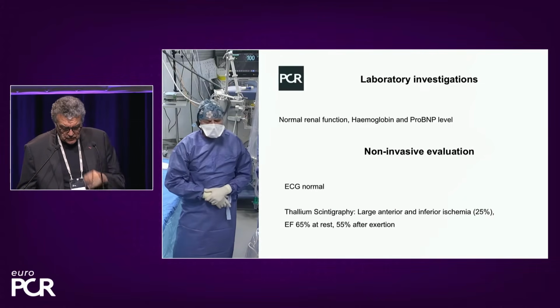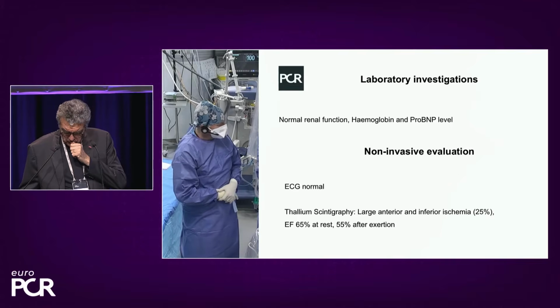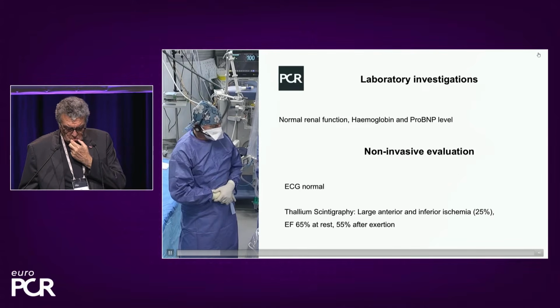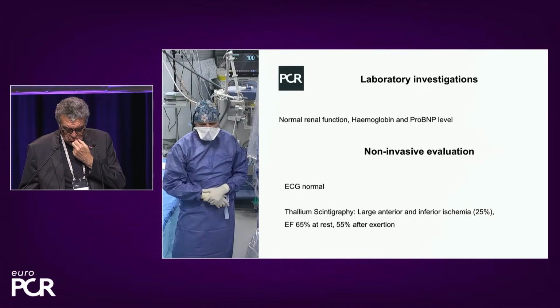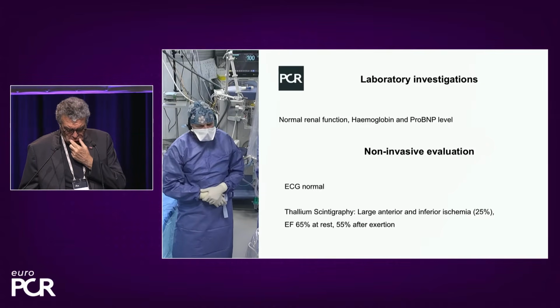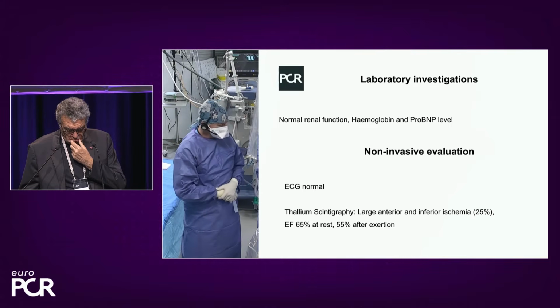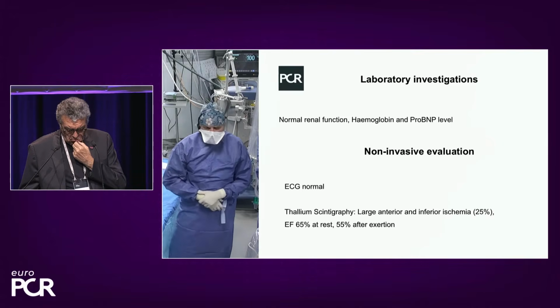On the lab investigation, there is no abnormality. The ECG is normal, and he has a thallium scintigraphy that demonstrates some quite large ischemia on the anterior and inferior wall, with a small reduction of the ejection fraction during exertion. Ejection fraction is normal at rest.